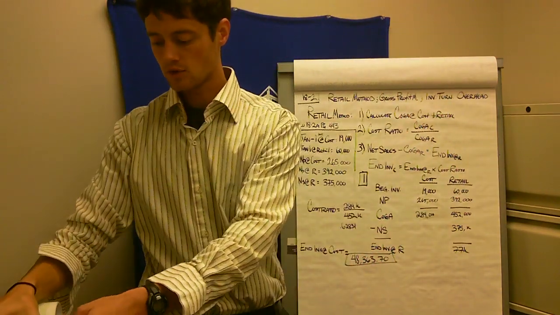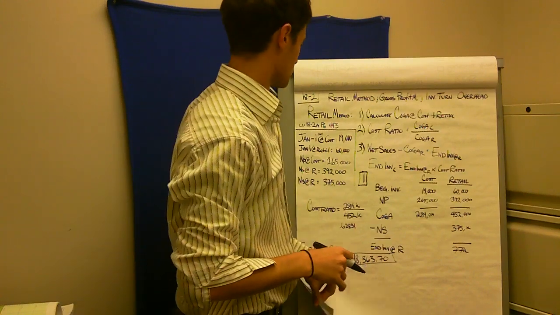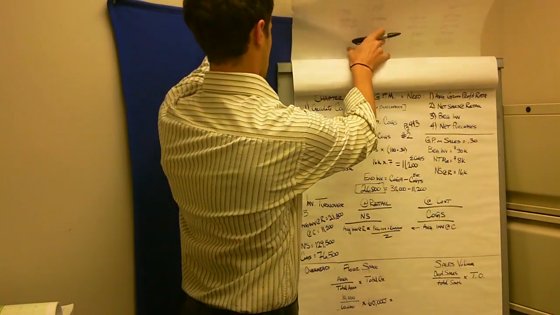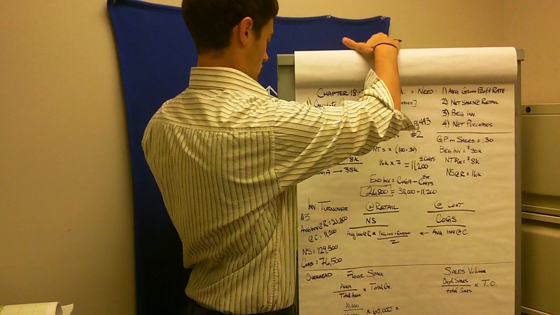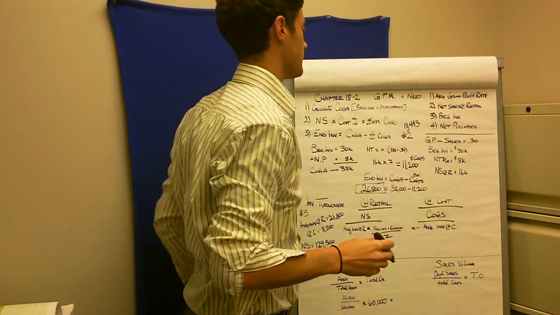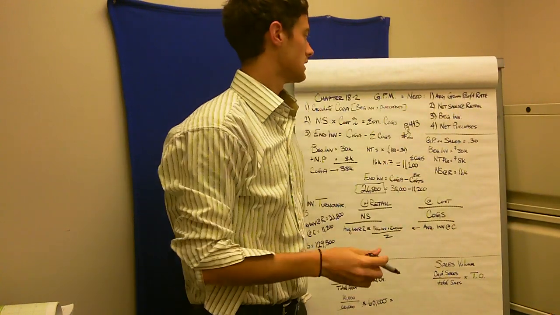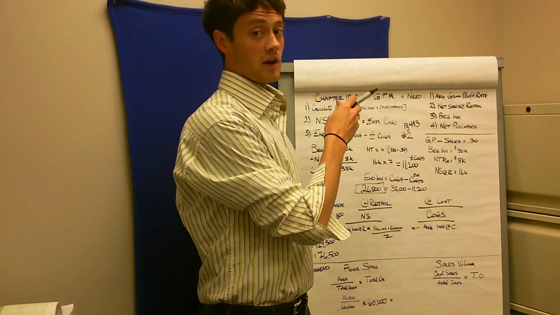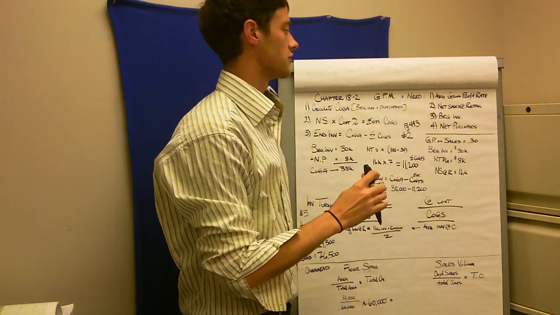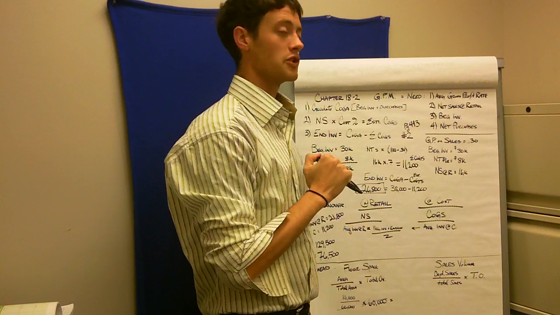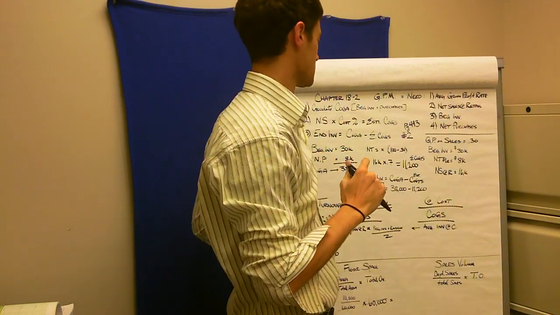So next we'll go into gross profit. There are 4 things you need for the gross profit method: your average gross profit rate, your net sales at retail, your beginning inventory, and your net purchases.